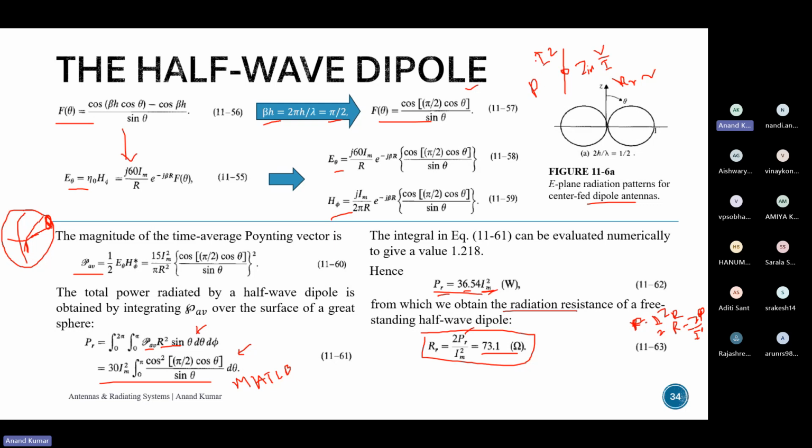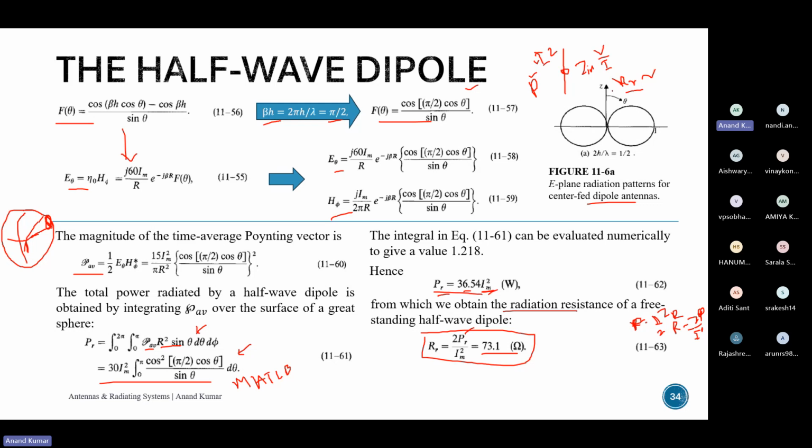By using this current and power, we can find a fictitious resistance value, which gives us an idea of how much power is radiated. So this is an antenna parameter which is defined; it doesn't really exist as such. Radiation resistance gives you a quantified value of how much power will be radiated.